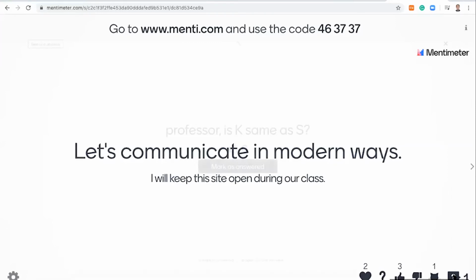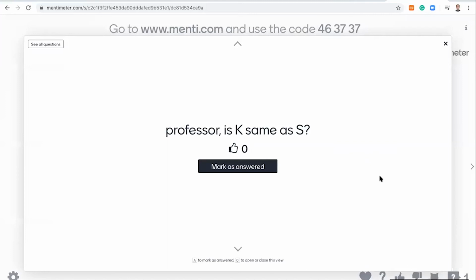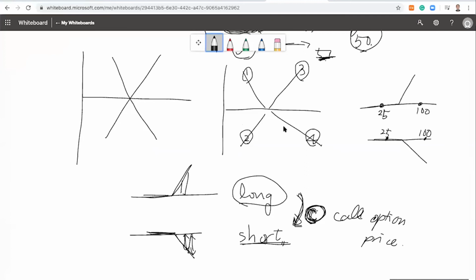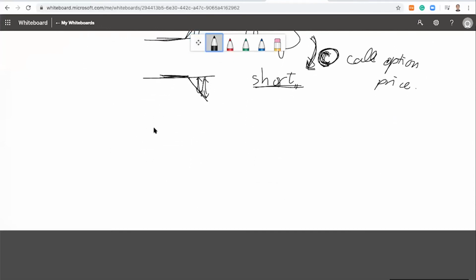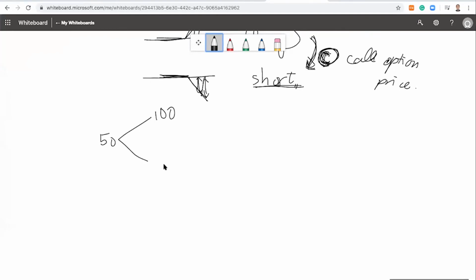Okay, I have one question. So K same as S? No. The K, okay, let's go to the whiteboard. So actually the numerical example is always helpful. I see why you think that the K is same as this one.